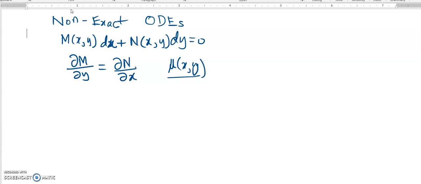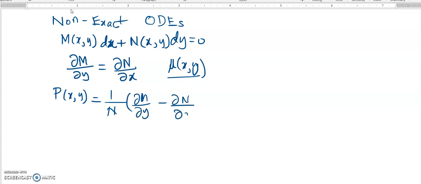For that, we can find mu by one of two approaches. By the first approach, we determine a quantity, maybe we can call it p, some function p of x, y, which will be equal to 1 over N times partial M over partial y minus partial N over partial x.